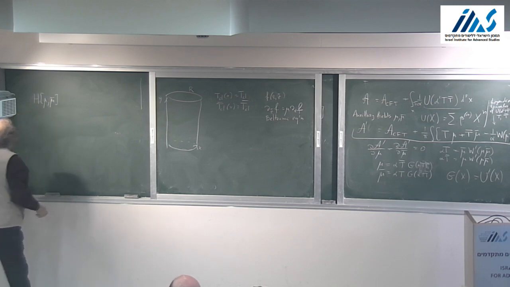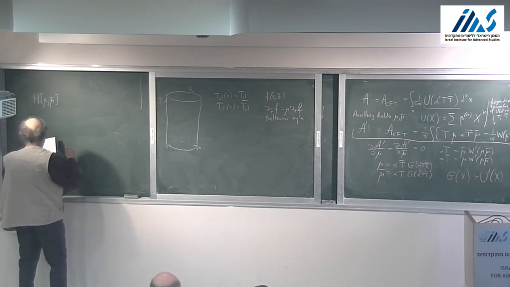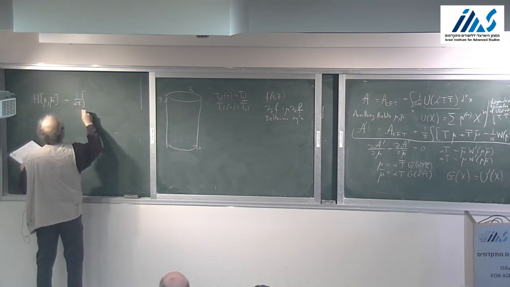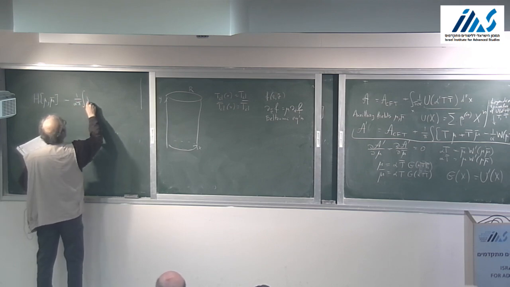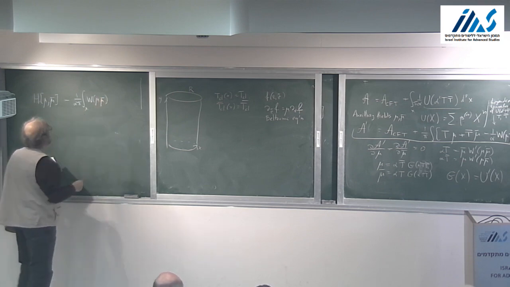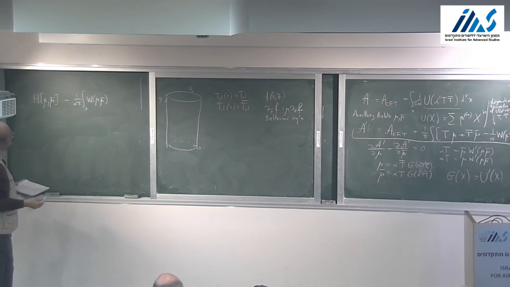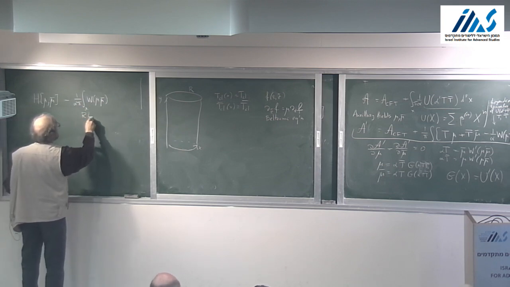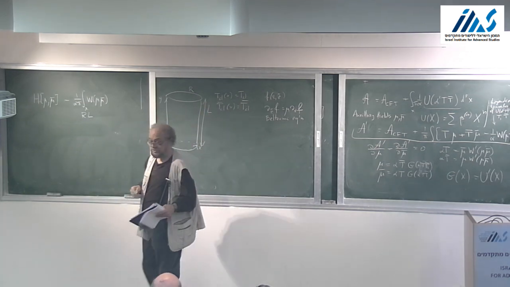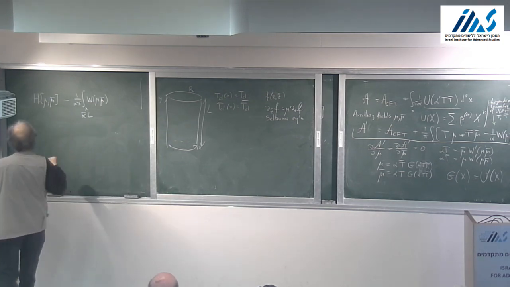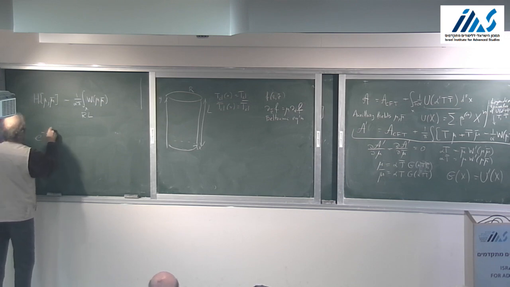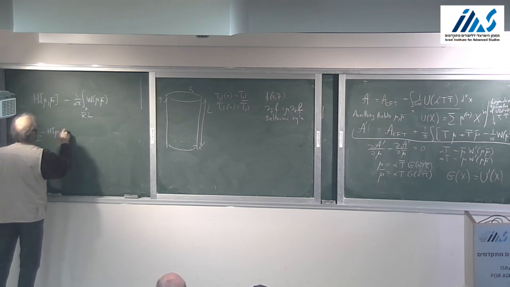This is some functional of mu and mu bar, and then there is a minus 1 over alpha pi integral of minus 1 over W of mu bar over x, and the integral is over the cylinder. So this integration is trivial, it just brings up the size of the area of the cylinder, where L is the large length of the cylinder. And the functional H is just a generating function for the correlation functions in conformal field theory.